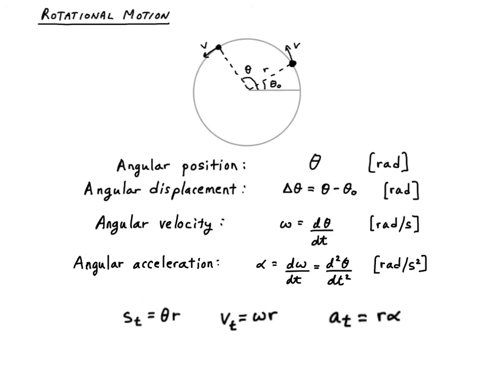They shouldn't be confused with what you've learned so far about the displacement, velocity, and acceleration in linear motion. So now with these angular variables, theta, omega, and alpha, we can go back to basically all the equations that we've learned and just replace the linear variables with the angular variables.